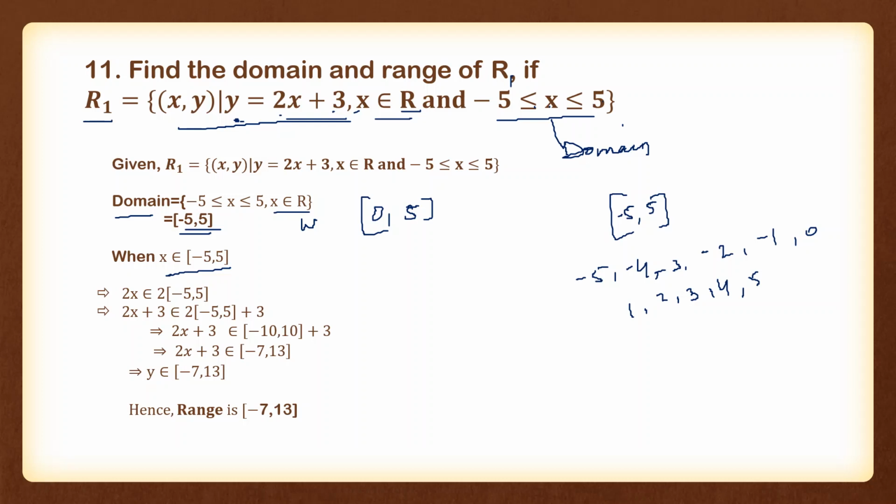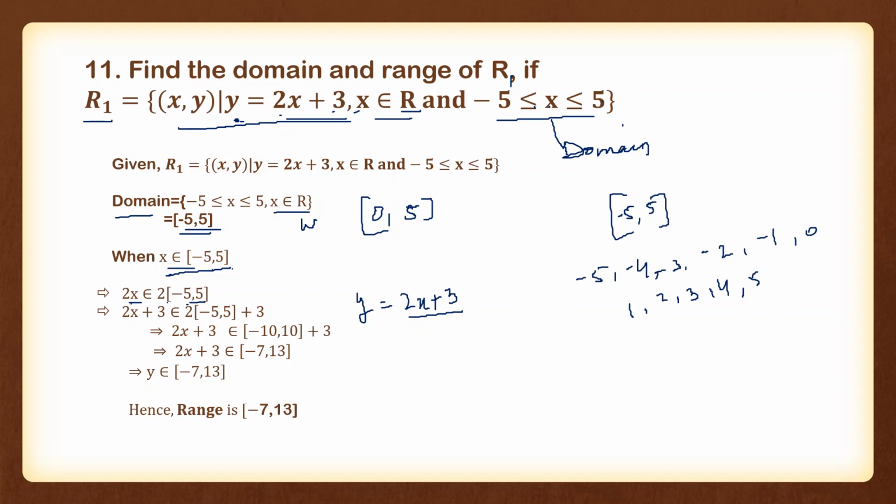Let's see for now, let's solve this question. So let's multiply by 2, because our y value is y equals 2x plus 3. So we are trying to make the left side 2x plus 3. So x belongs to minus 5 to 5, 2x belongs to 2 into minus 5 to 5, and plus 3 is also there.